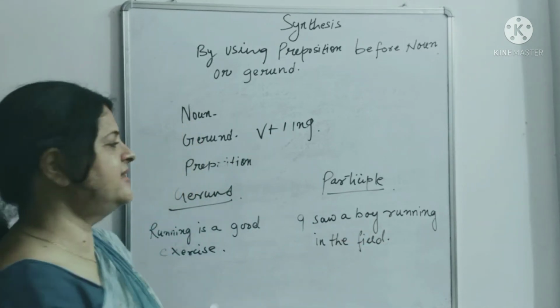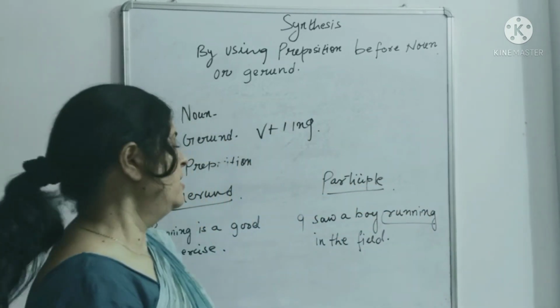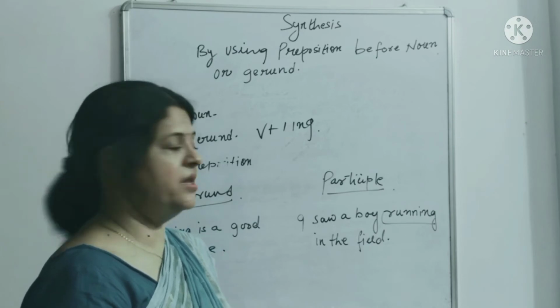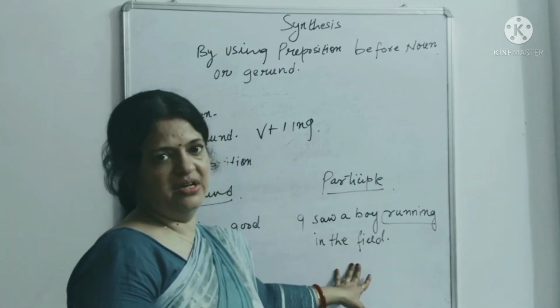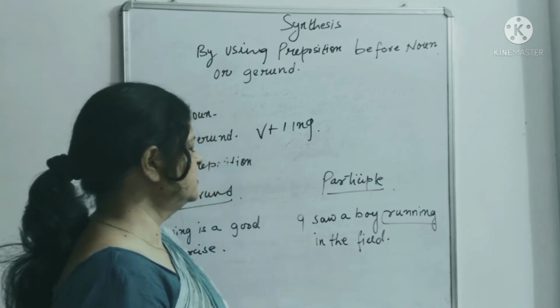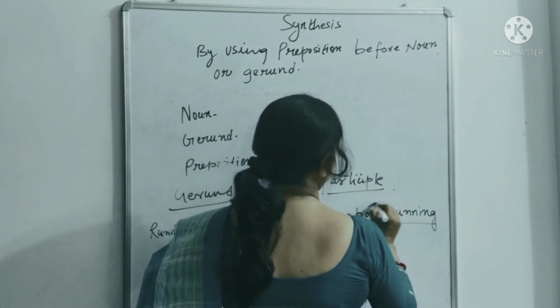So here we see that this running, it's not running karna in Hindi, but karte hue. This is the meaning. So I saw a boy running in the field. Here this running is describing this boy.